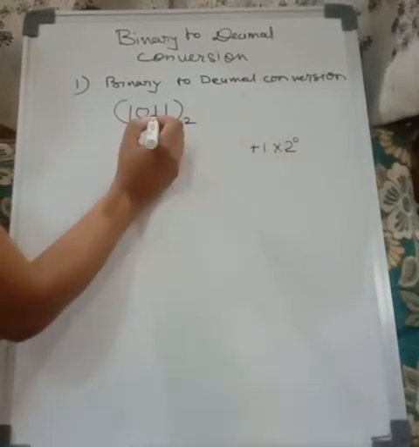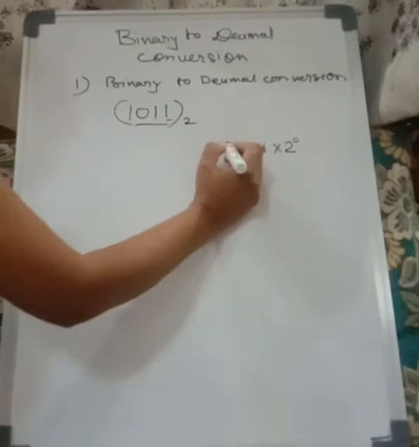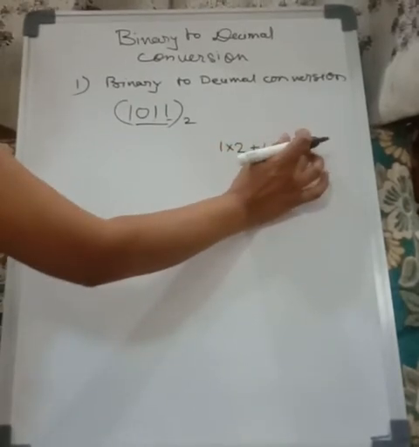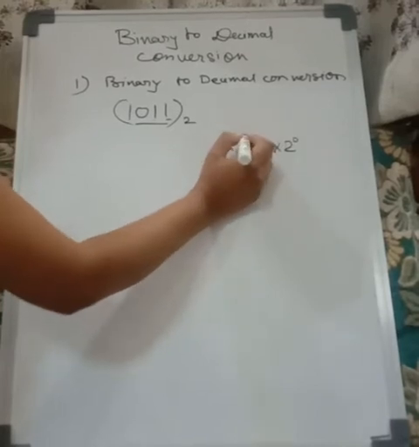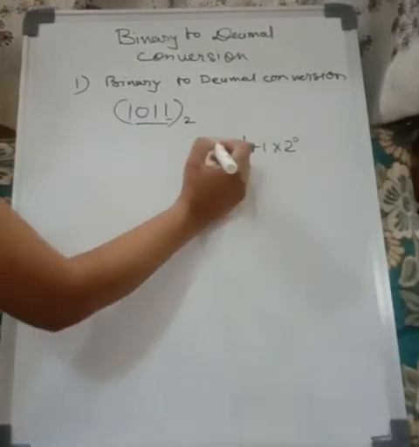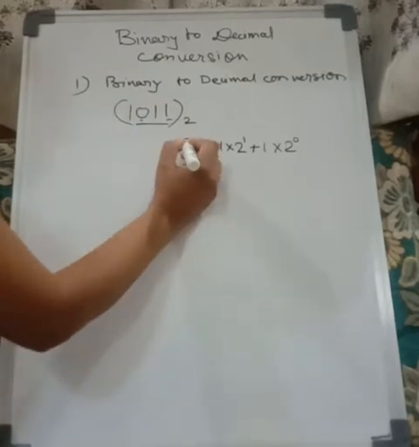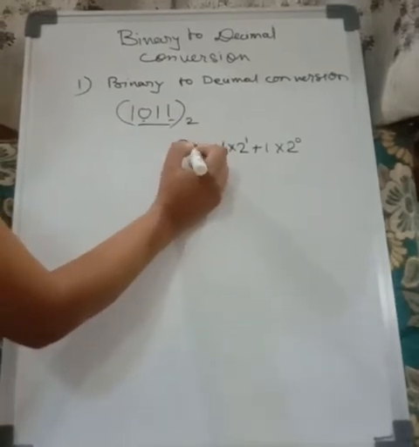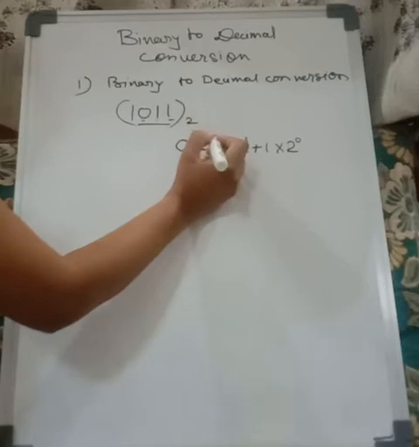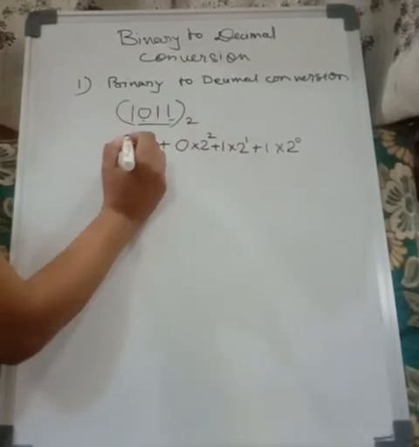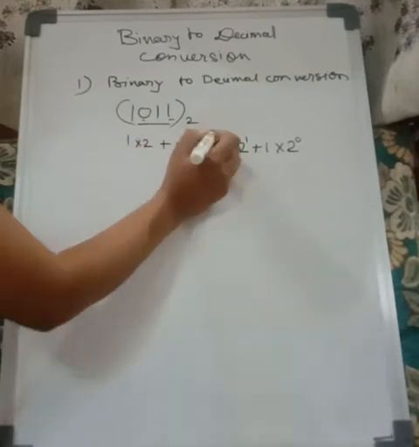Plus, then we'll switch to this digit, that is 1 into 2 to the power 1. Then we have a digit 0, so 0 into 2 to the power 2, plus this last digit, that is 1 into 2 to the power 3.